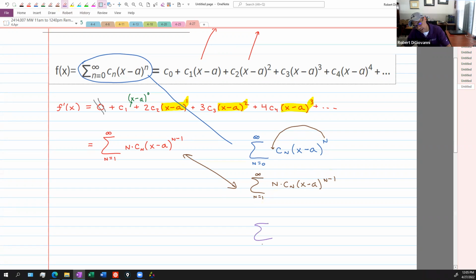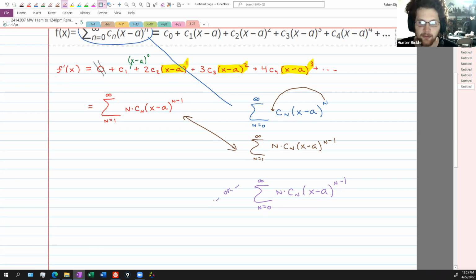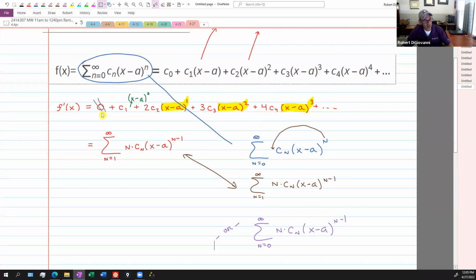If I did forget to shift it, would this be wrong? No, because if n is 0, this is all gone, so you don't get a first term. It would not be incorrect, it would just be that first term that we got rid of because it was 0. This right here actually generates this guy right here, which you don't need.